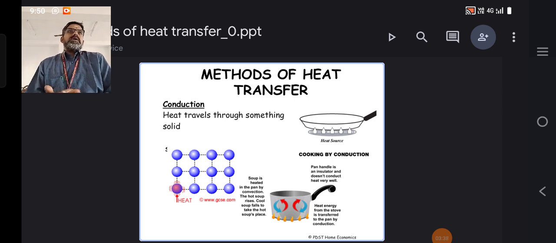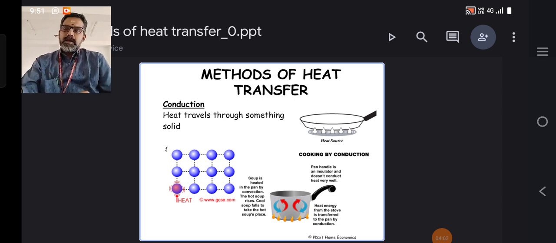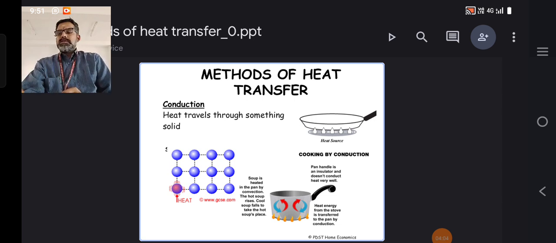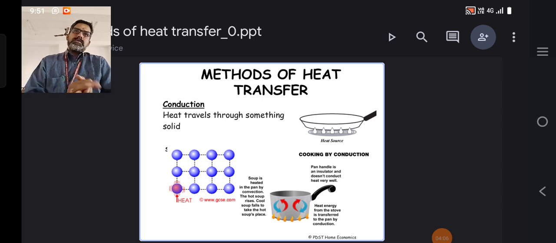That means Q is directly proportional to the temperature difference as well as the area. Followed by that, convection has a law, that is Newton's law of cooling. The third one is the Stefan-Boltzmann law. Based on these three laws, the modes of heat transfer are explained.